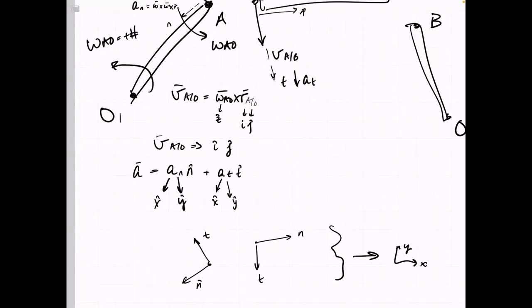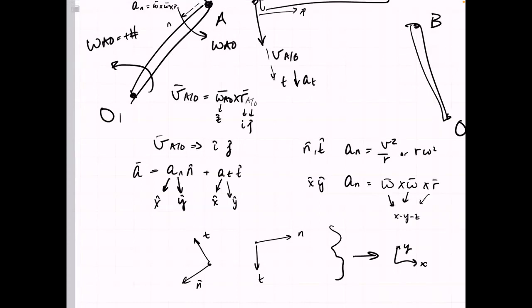So in a normal and tangential coordinate system, your A normal can equal V squared over R or R omega squared. But if you were to calculate a normal in an X and Y coordinate system, the theory of A normal still exists, but you can't do it in scalar form now because we are in a different coordinate system. And that's why it becomes omega cross R, because all of these are in an X, Y, Z coordinate system.